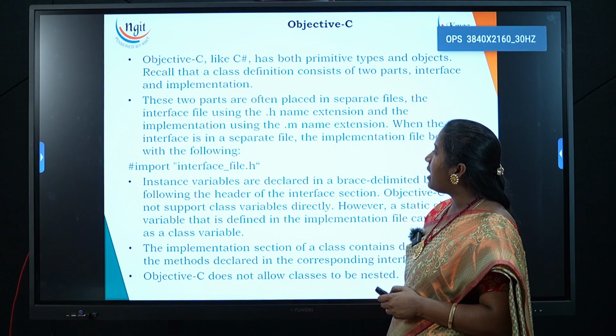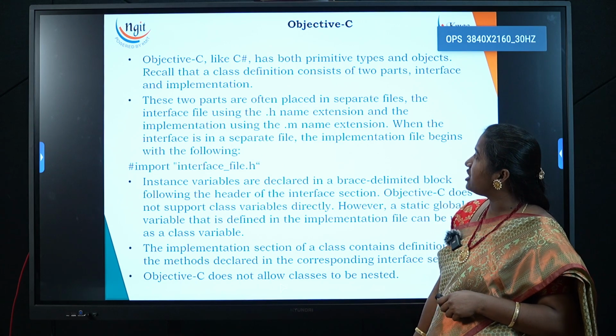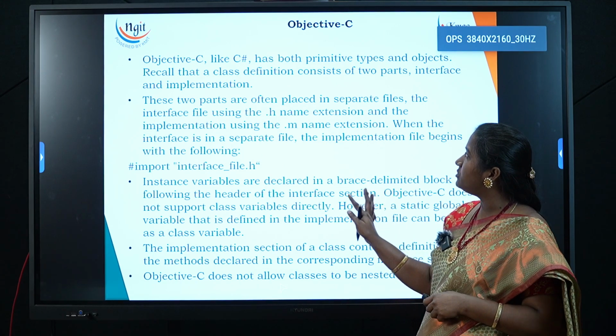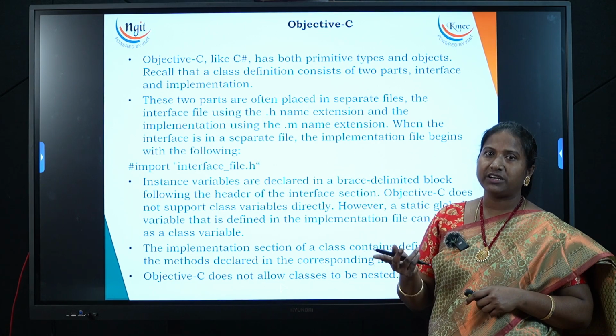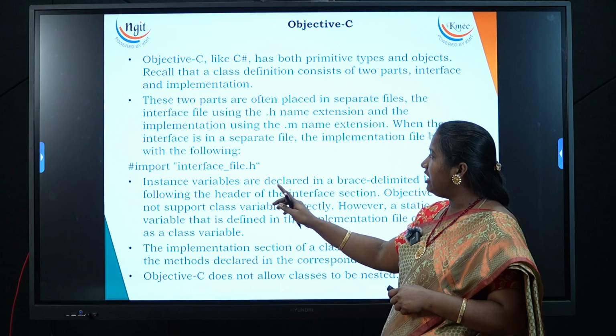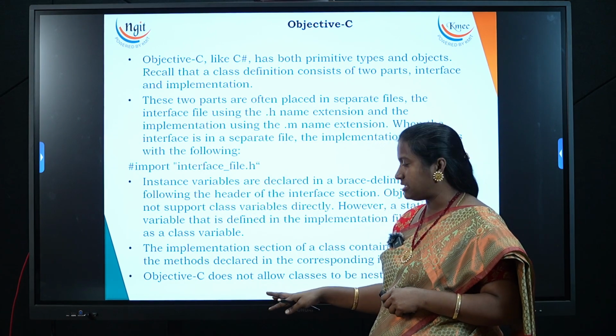Now let's see the Objective-C language. Objective-C, like C#, has both primitive types and objects. Recall that a class definition consists of two parts, the interface and the implementation part, and we'll have the interface part and implementation part in the program itself.